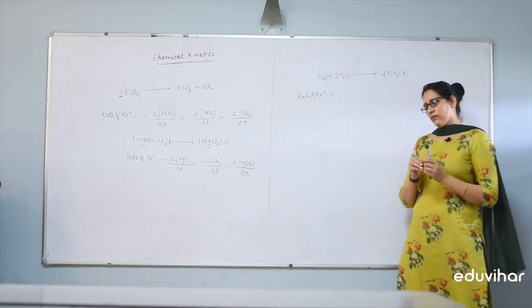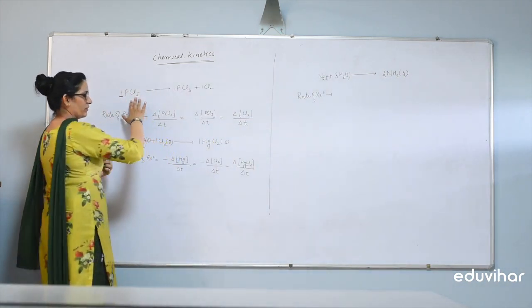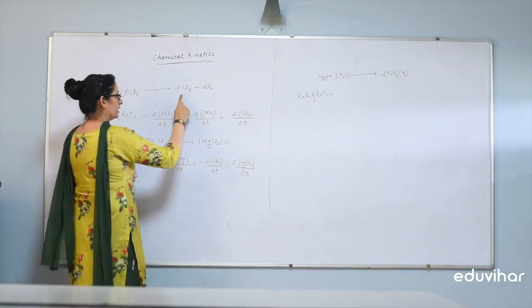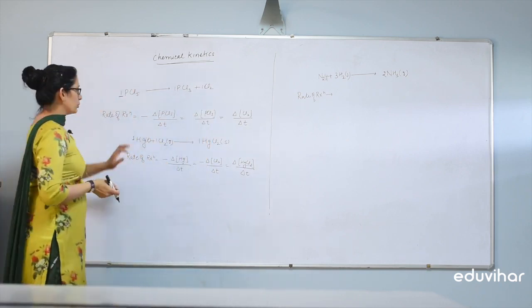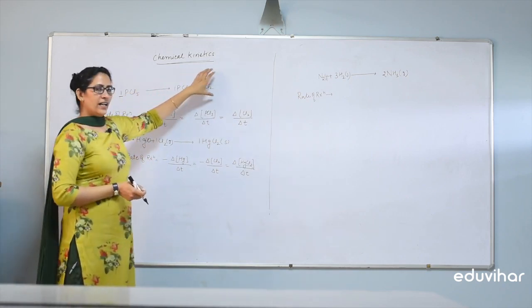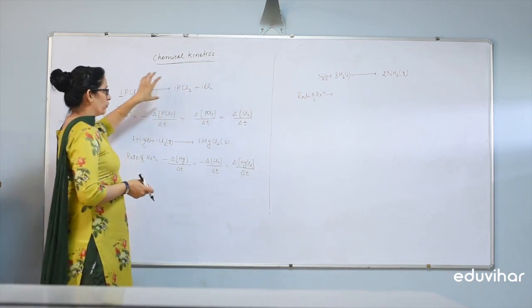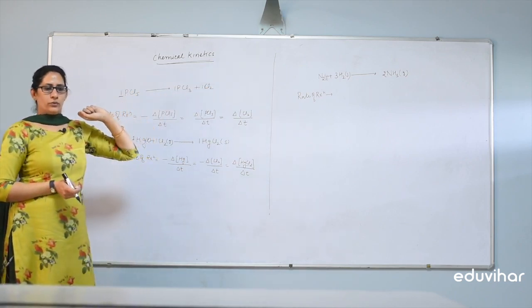Okay, I am repeating the whole thing. Whenever PCl5 decomposes, it is converted into PCl3 plus Cl2. I can say that 1 mole of PCl5 is converted into 1 mole of PCl3 and 1 mole of Cl2.